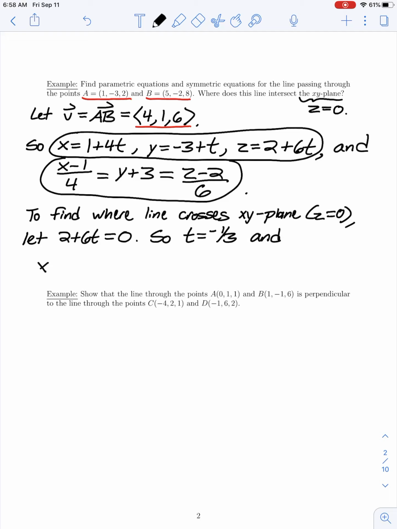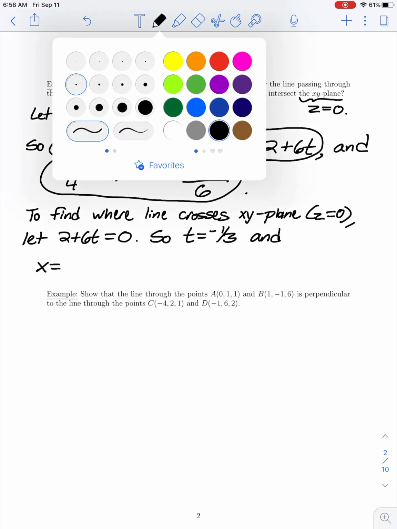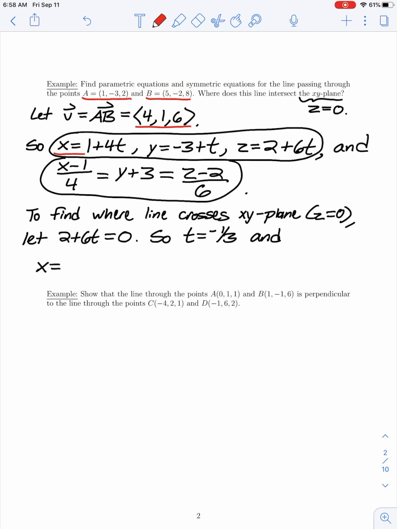And so x would be given by 1 plus 4 times t. Here I'm looking back at my parametric equation for x. Once I know what t is, I can substitute back into the equations for x and y to find the x and y coordinates for that point of intersection. So my x value would be 1 plus 4 times negative 1/3, or 1 minus 4/3, which would be negative 1/3.